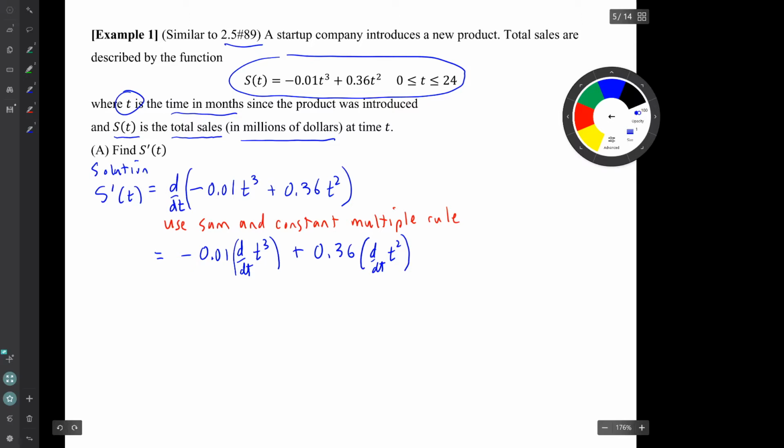Now we get ready for the next step by writing down the things that are not going to change. We're going to have a minus 0.01 times a big pair of empty parentheses and a plus 0.36 times a big pair of empty parentheses. In the left pair of parentheses, we'll put the result of this derivative, which will be computed using the power rule with n equals 3.